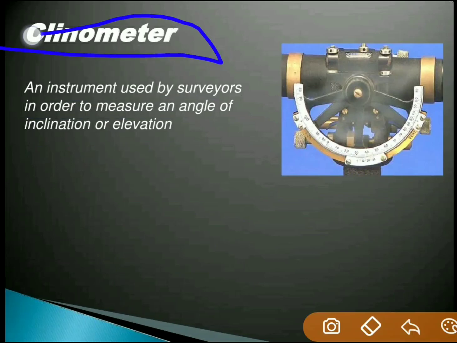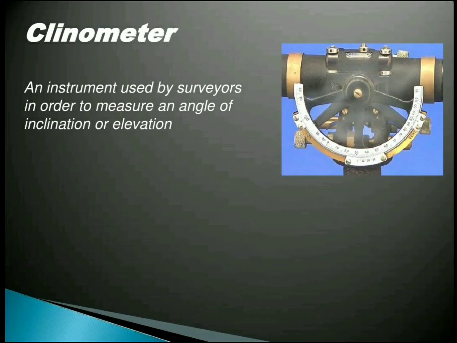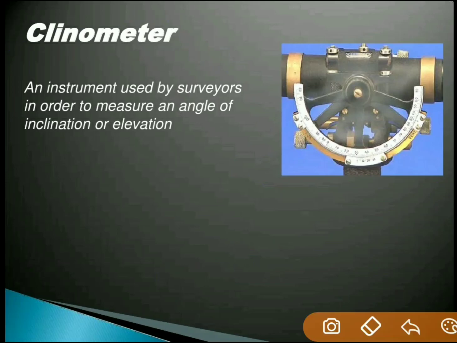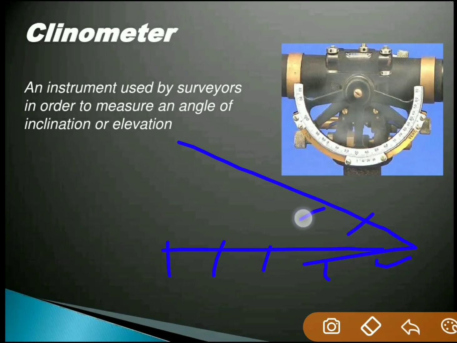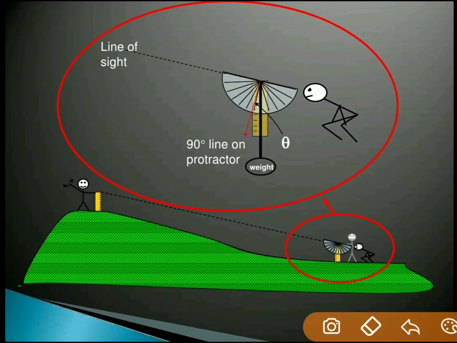Simple. Keep that in mind. We read the angle of inclination or elevation, right? See, for example, maybe here the surface is like this, right? Here I want to calculate this angle, then we are using clinometer, right?